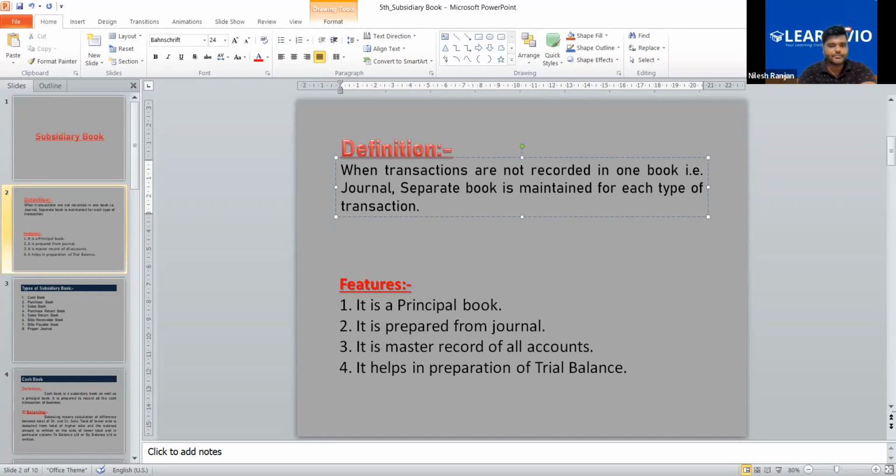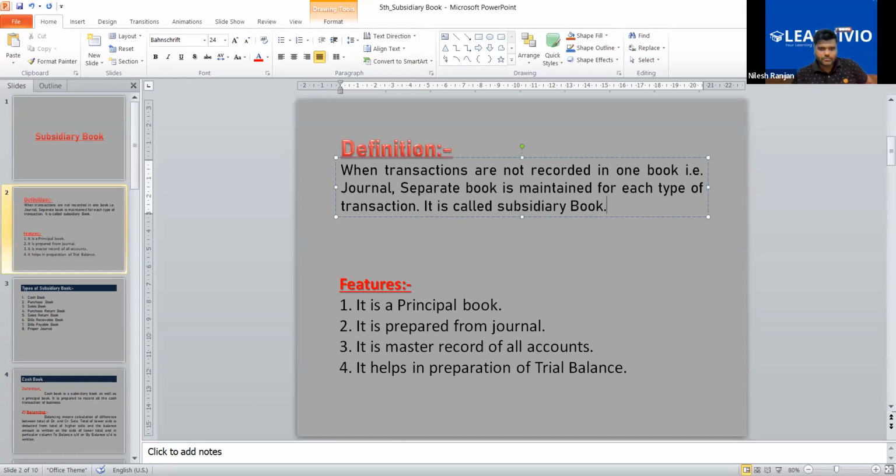So what is the chapter name and number? Subsidiary book. Chapter number 10 and 11, both.